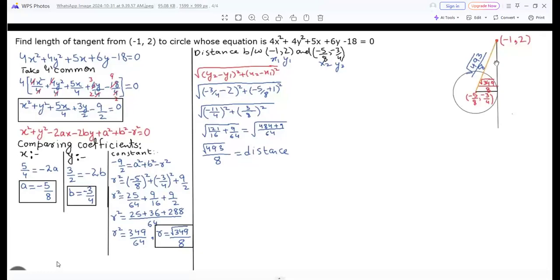See, this portion which I have got over here is my perpendicular. And this portion is representing the hypotenuse, which is under root 493 over 8.